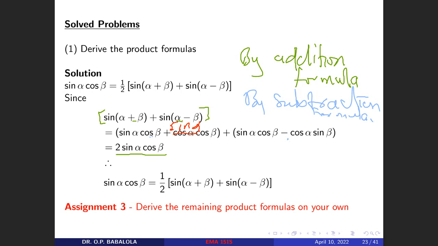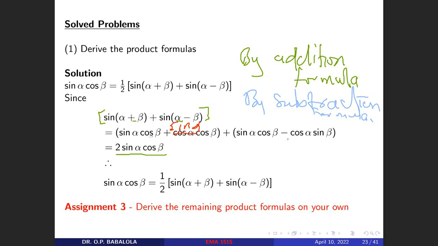So we mean sine alpha plus beta plus sine alpha minus beta equal to 2 sine alpha cos beta. If you divide both sides of the equation by 2, you will have half of sine alpha plus beta plus sine alpha minus beta equal to sine alpha cos beta. Do you all understand?